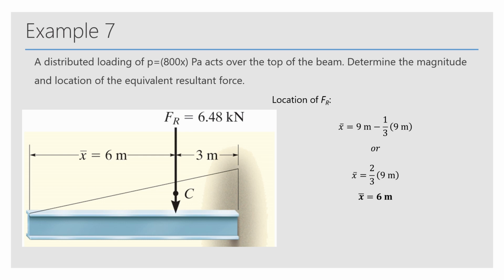But either way, the distance from the origin is 6 meters. And this allows you to determine a location without needing to use the actual equation. This is why understanding centroids is very helpful for answering these types of problems.